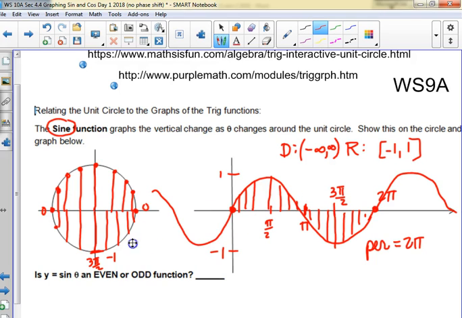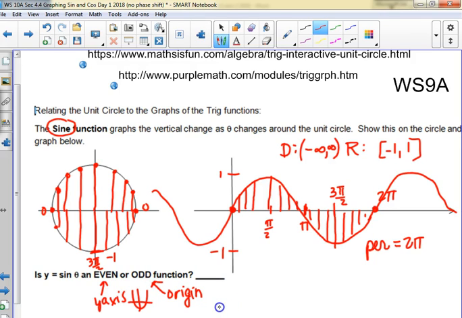All right. Is this an even or odd function? Does anybody even remember what that means? It has to do with symmetry. Even is y-axis symmetry, which would mean something like this, like a parabola. Odd is origin symmetry. Does anybody remember what that looks like?